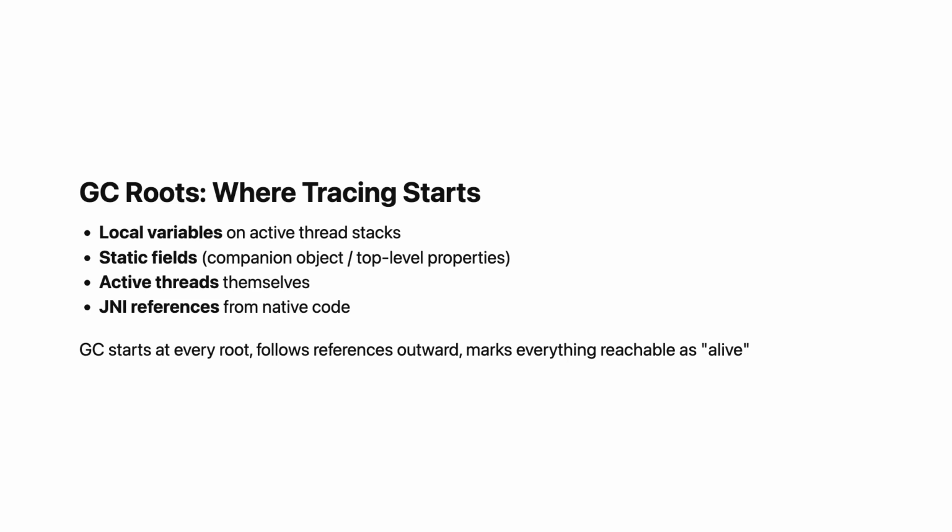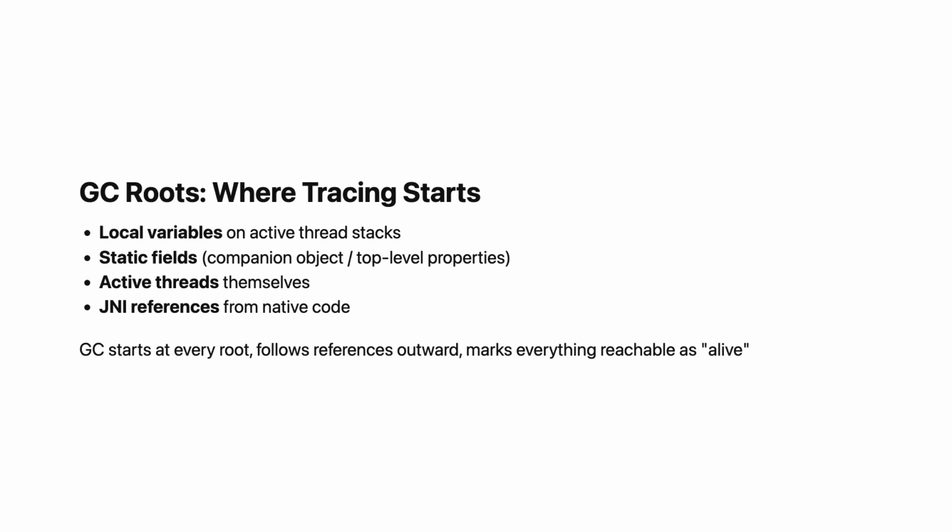The GC starts from every root and follows references outward, marking every object it can reach as alive. When the tracing is done, anything not marked is unreachable. No code in your app can possibly access it, so it gets collected, freed. Its memory is reclaimed.